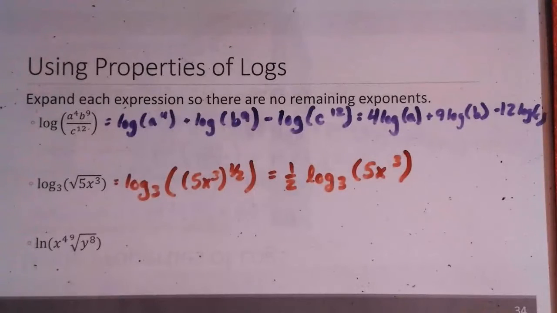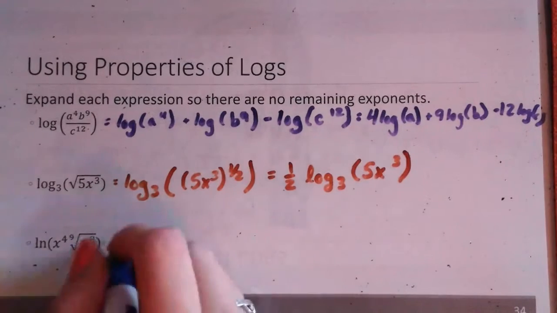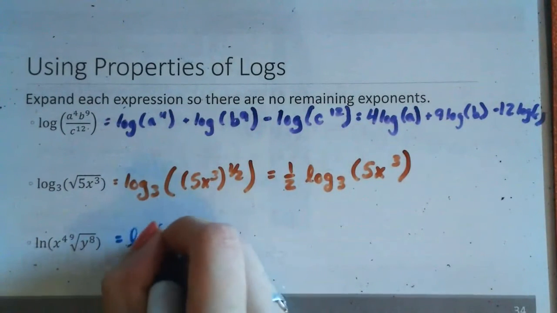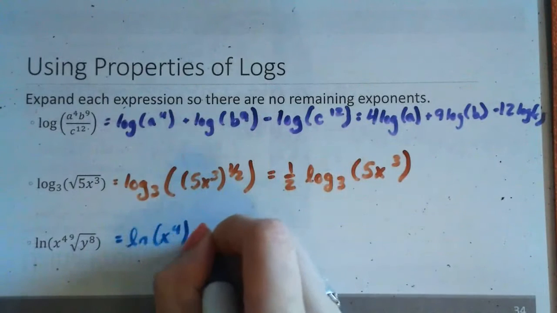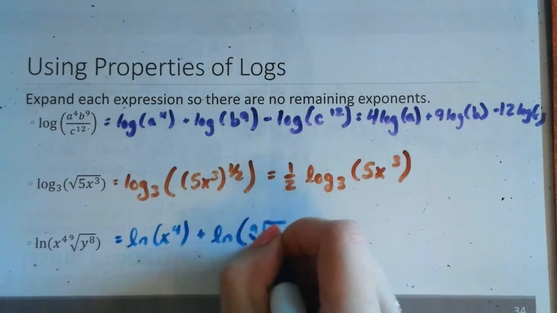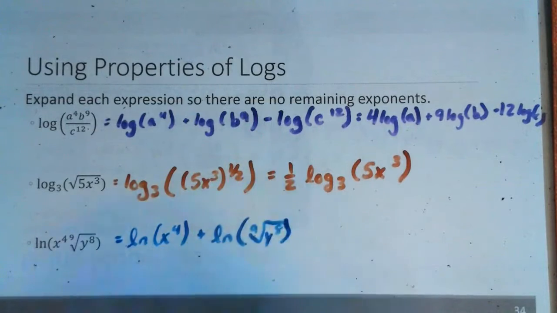Finally, we have the natural log of x to the 4th times the 9th root of y to the 8th. So because these two are multiplied in here, I'm going to add them separately. So this is the natural log of x to the 4th plus the natural log of the 9th root of y to the 8th.